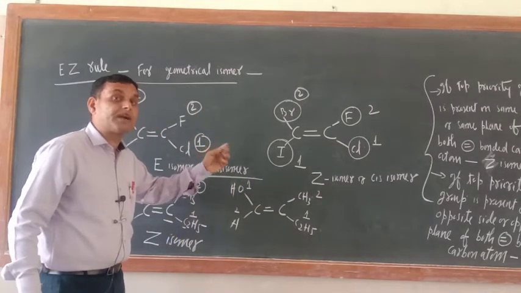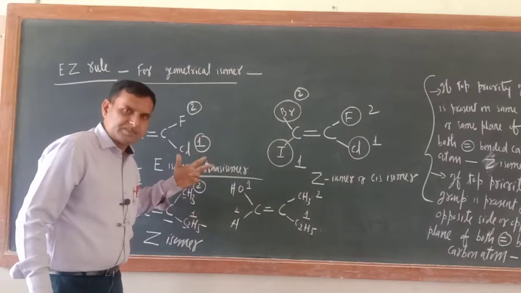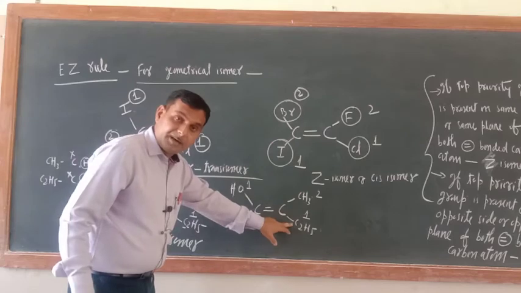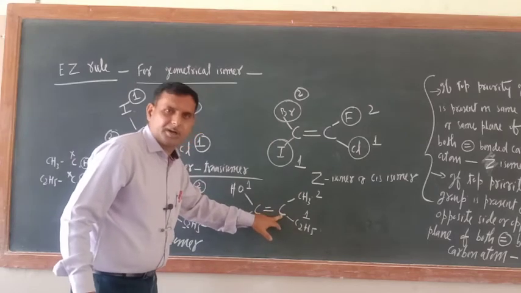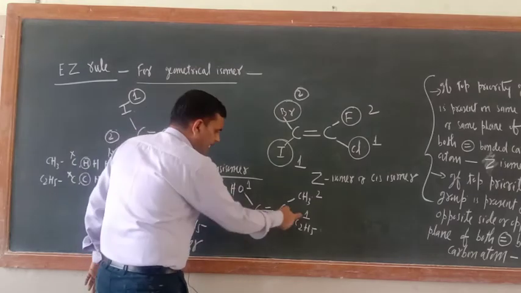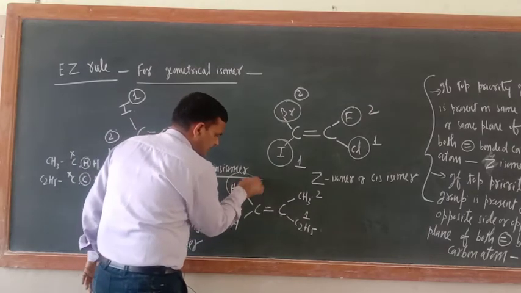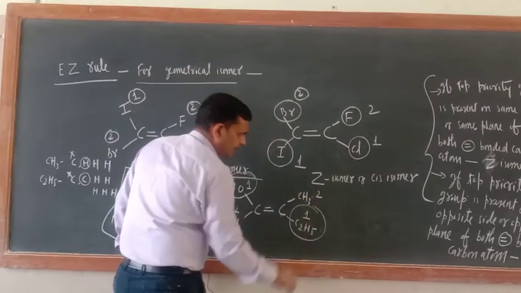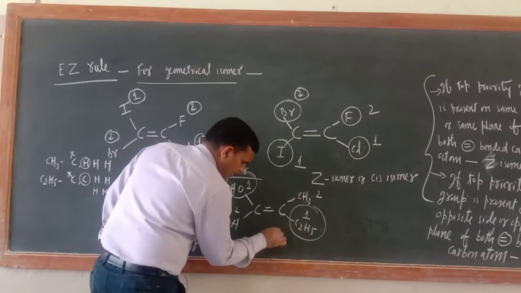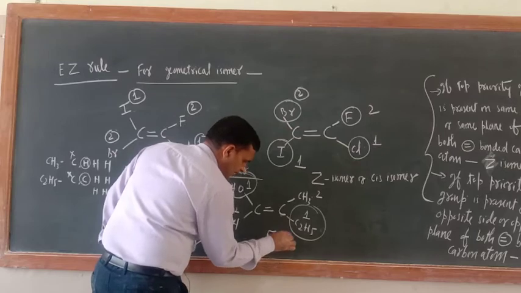On the basis of the atomic number of the atom which is bonded with the double bonded carbon atom. Now the top priority groups, this and this one, are present in the opposite plane. So this is E, E means opposite.